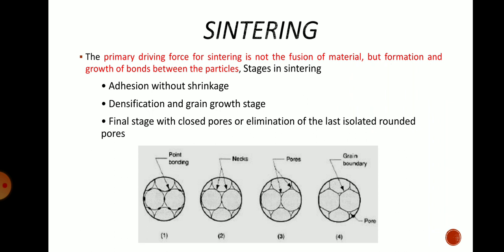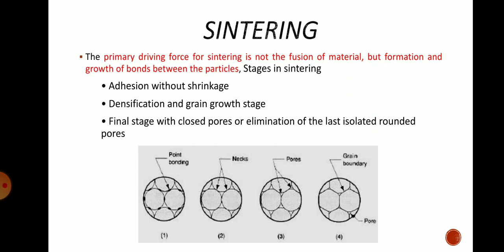There are a few stages during sintering that are shown in the four diagrams. In the first diagram, you can observe that there is point bonding between the particles after compaction, and that point bonding will form necking after a small amount of heating. Then it will generate small pores, and there will be grain growth and grain boundaries will form, and these pores will get reduced, but a small amount will remain after that heating also.